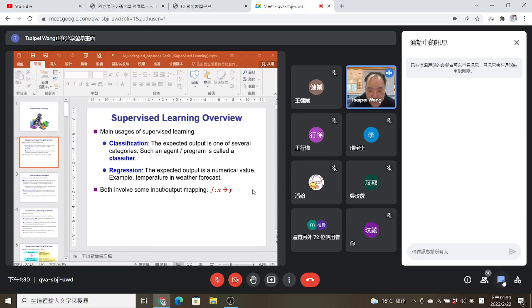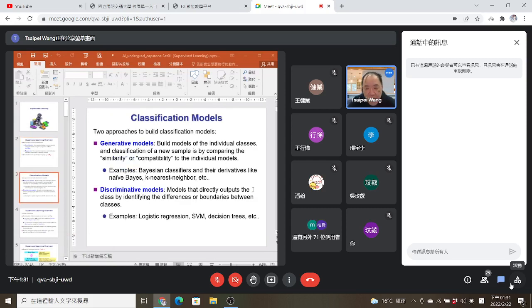Some algorithms in supervised learning can work in both, and some of them are used specifically for classification. We're going to focus more on classification for this project. To build a classification model, there are two approaches, and usually people use two terms to divide the classification methods: generative models and discriminative models.